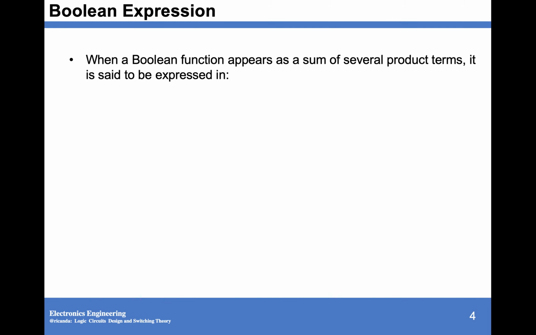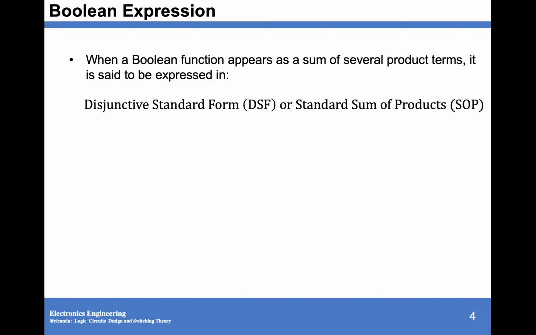So when a Boolean function appears as a sum of several product terms, it is said to be expressed in disjunctive standard form, or the standard sum of products, or SOP. So this is your example expression of your disjunctive standard form, or sum of products.